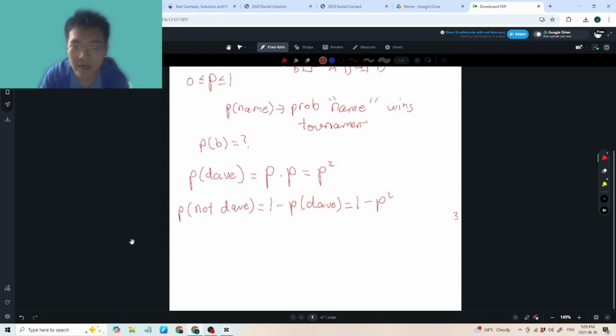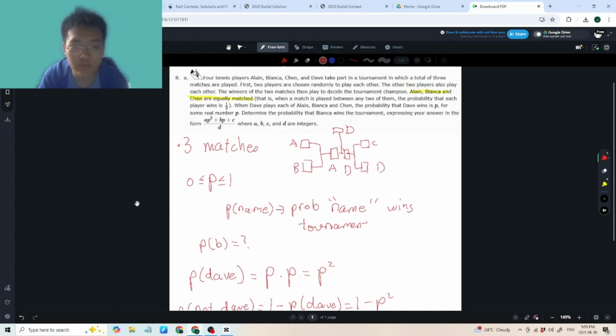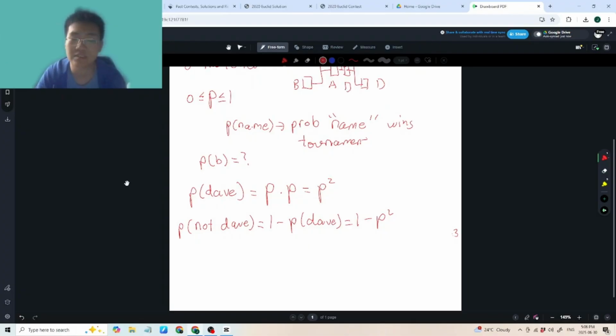Now, remember that the probabilities of A, B, and C winning against each other is equal, as well as the probability of A, B, and C winning against Dave, which is just 1 minus P. This means that A, B, and C are equally matched for not just the games themselves, but also for the tournament probability, because they are equally likely to win against each other, as well as against Dave. So the probability of any one of them winning the tournament is equal. That is very important.